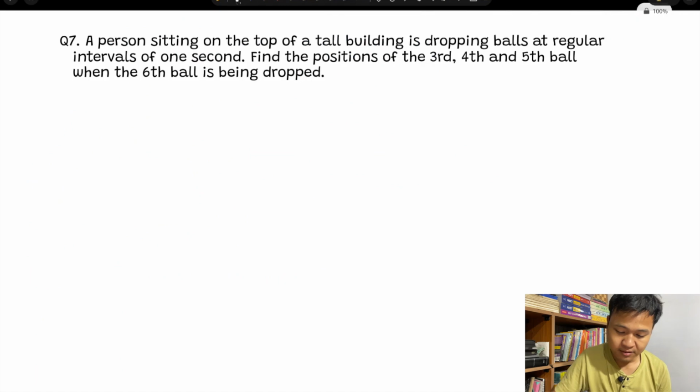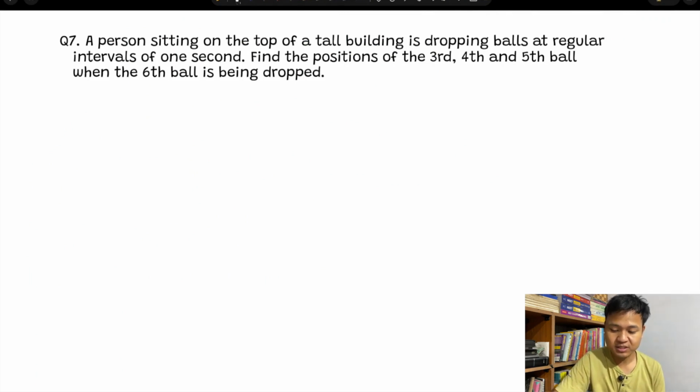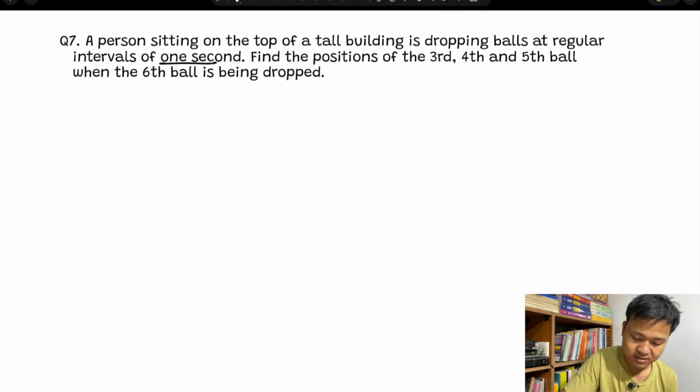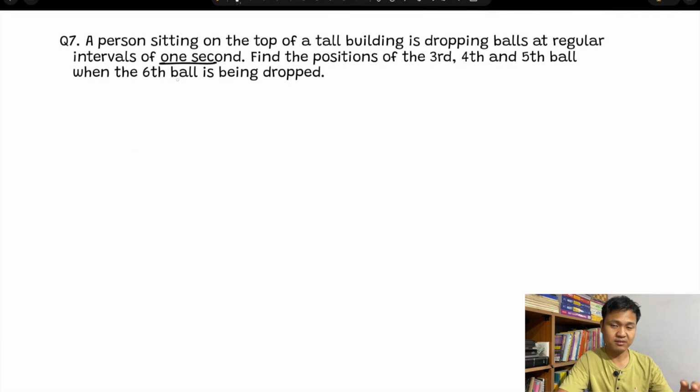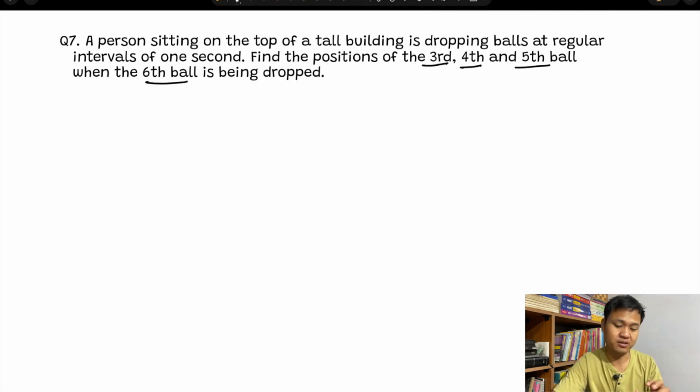Please remember. Let's solve some questions here. A person is sitting on the top of a tall building, dropping balls at a regular interval of 1 second. After each second he releases a ball. Find the position of the third, the fourth, and the fifth ball when the sixth ball is dropped, as soon as it is dropped.